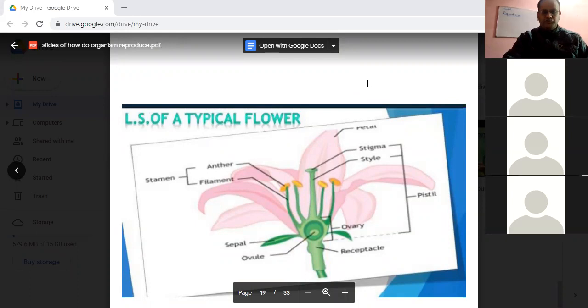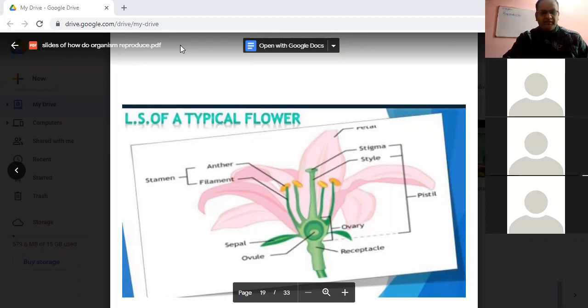Khushbu, you can unmute yourself. I think she is not getting connected.